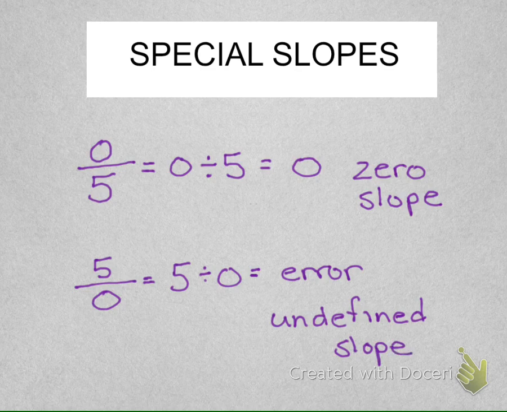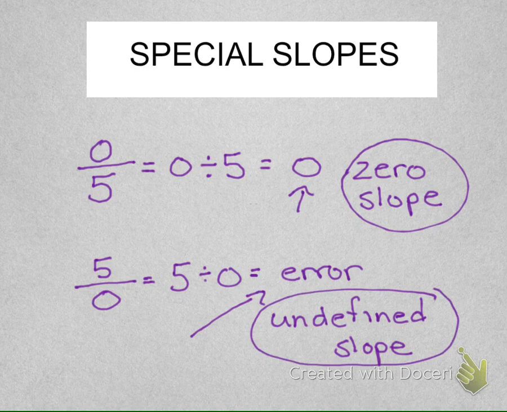We don't have to understand so much what these are doing on a graph or why are they undefined versus 0. Good enough right now for you mathematically to realize if you get a 0, it's a 0 slope. If you get an error message, it's an undefined slope. That's good enough for now, but not good enough forever. So I'm going to leave you with that.